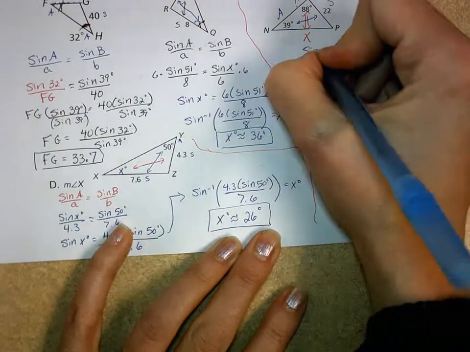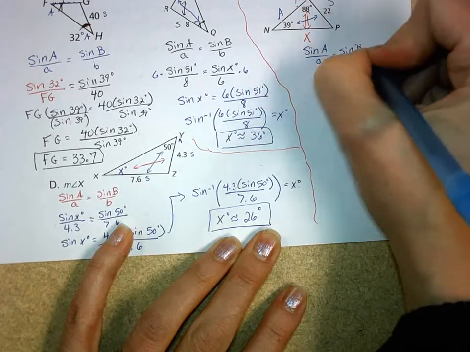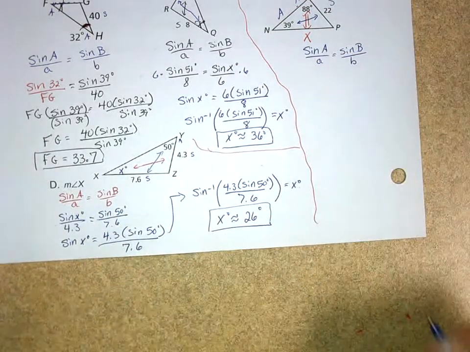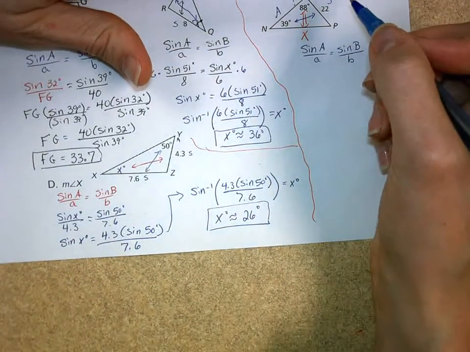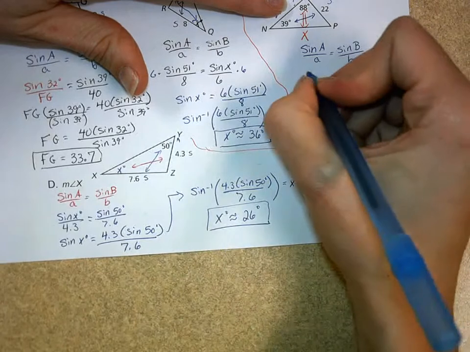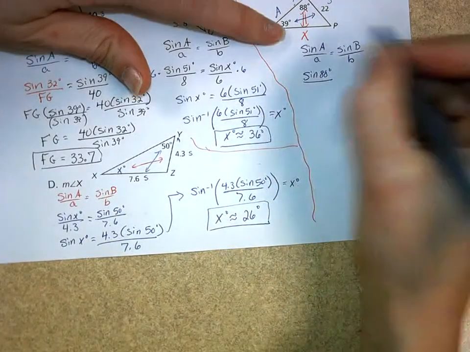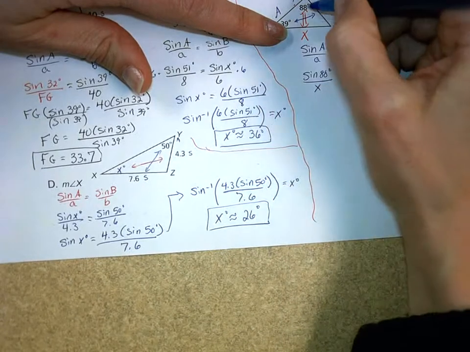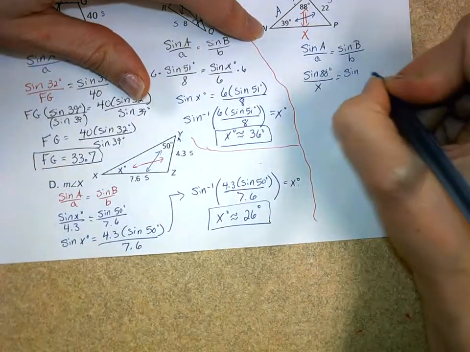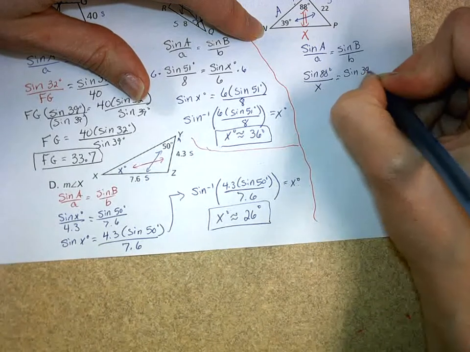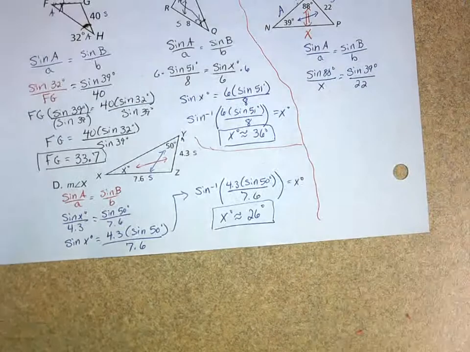So I go again, the sine of angle A is to A, as the sine of angle B is to B. All right, so A, I'm going to let be, it really doesn't matter which one you let be, let's go 88. So the sine of 88 degrees over X, because those are the opposite angle and side, is the same thing as the sine of 39 degrees over 22, because those are the opposite angle and side.